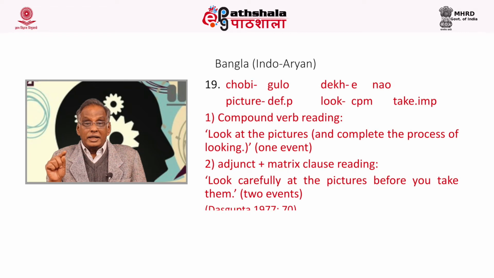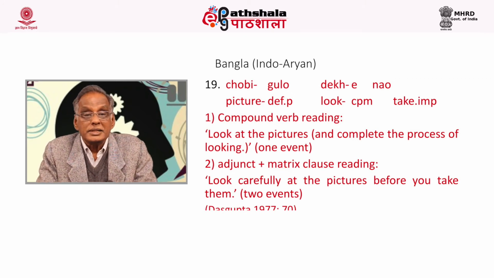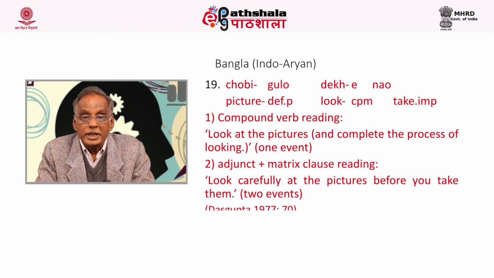But in Bangla, it is in the conjunctive participle form. Dekh A. A is the conjunctive participle marker, which we have indicated in sentence number 19 as CPM. So let us take first the compound verb reading. Dekhe now means look at the picture and complete the process of looking, one unit. Like in Hindi, dekh lo.